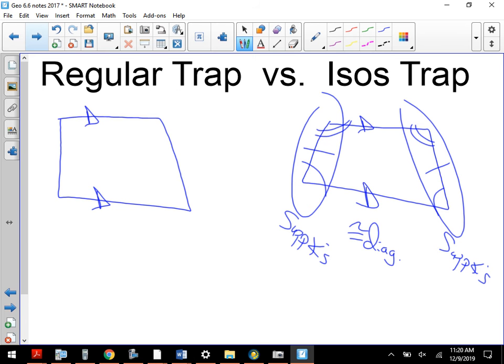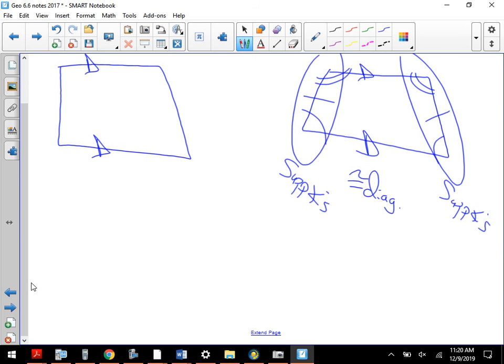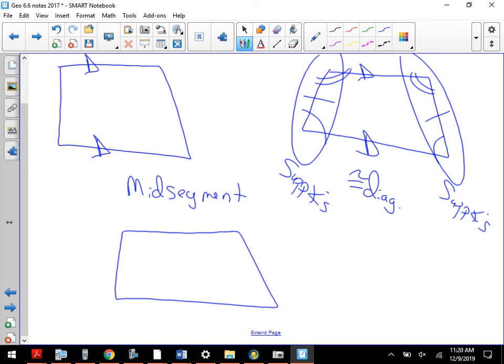Both of these guys have what's called a mid-segment. And you guys saw this with triangles. They just happen to show up in trapezoids as well. When you have a mid-segment, remember it means it's a segment that connects the midpoints.